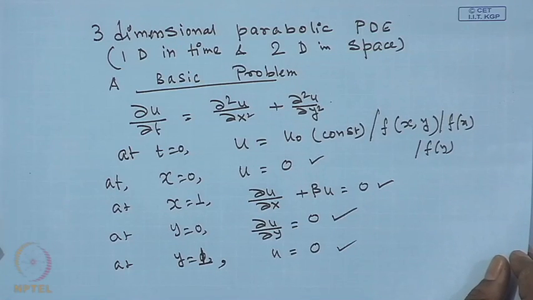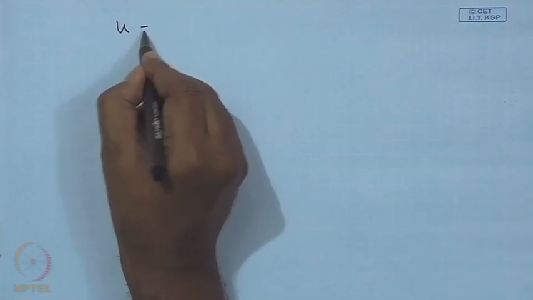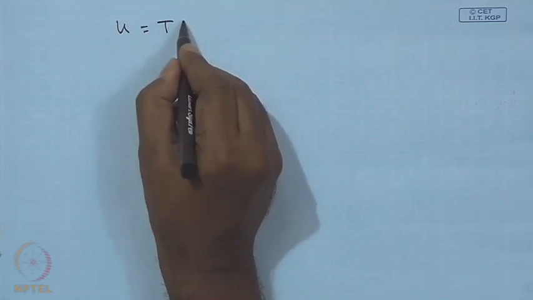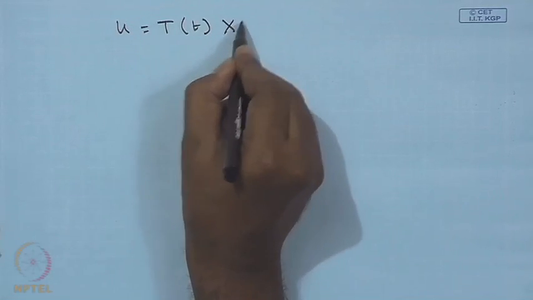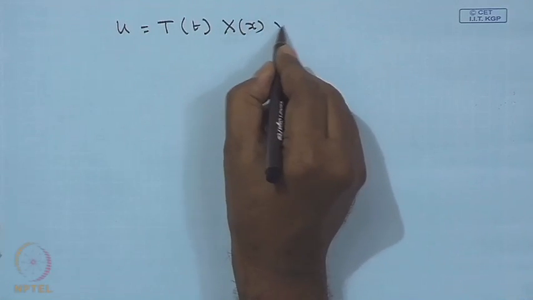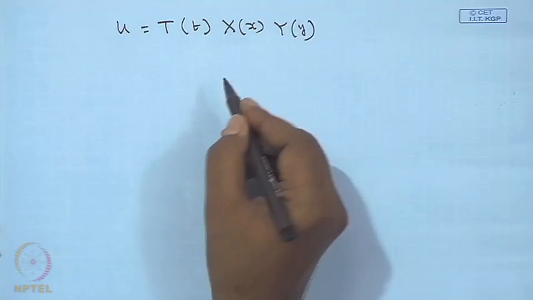That means the solution U is composed of a product of three functions: one a function of time alone, another a function of x alone, and another a function of y alone. Therefore, we can write U as a product of T of t, X of small x and Y of small y.